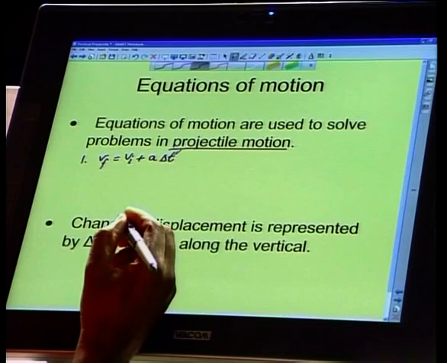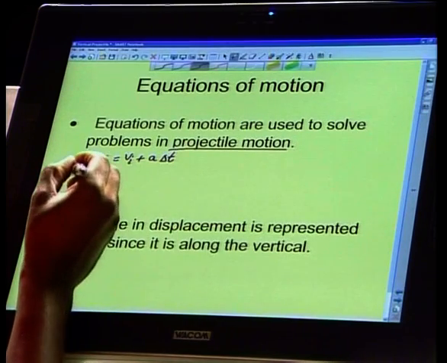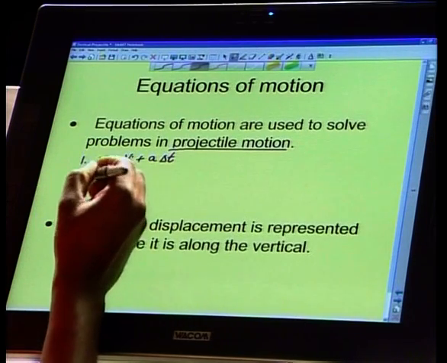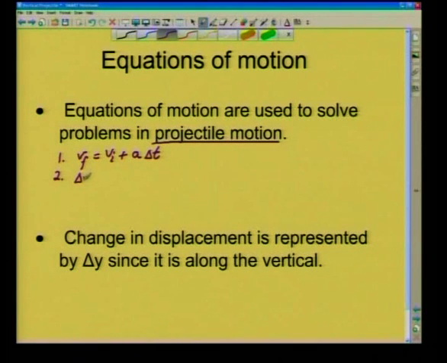The second one is delta y equals V initial delta t plus half acceleration, and of course acceleration due to gravity, times delta t squared.